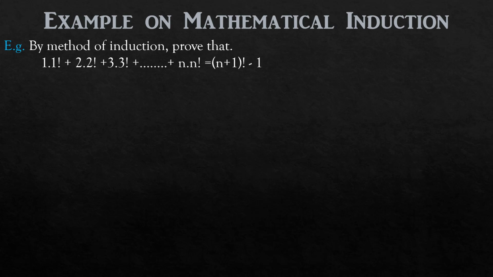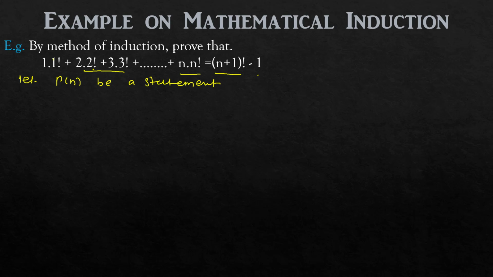Now the first example: by the method of induction, prove that 1 into 1 factorial plus 2 into 2 factorial plus 3 into 3 factorial plus dot dot dot n into n factorial is equal to n plus 1 factorial minus 1. So this is nothing but P of n. Let P of n be a statement.